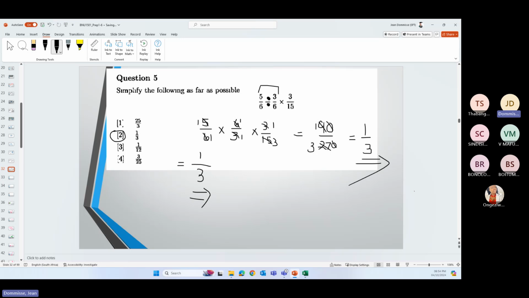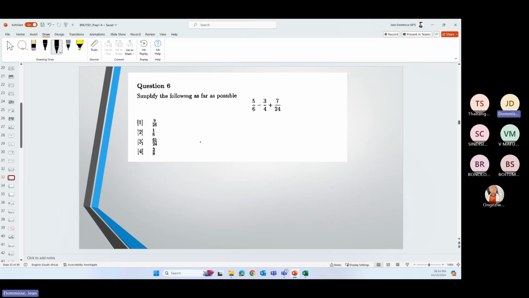So if there is a fraction like this, that we know 1/3 is 0.3333. So if that answer is 0.3333, then I know option 2 is the right one. So there are certain of these questions that by all means you are allowed to test on your calculator. The same with this one.